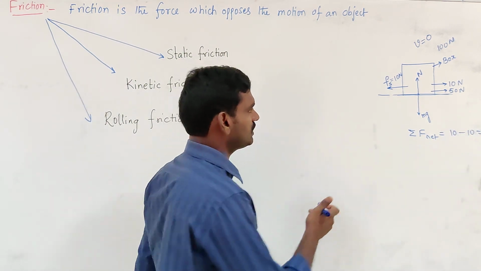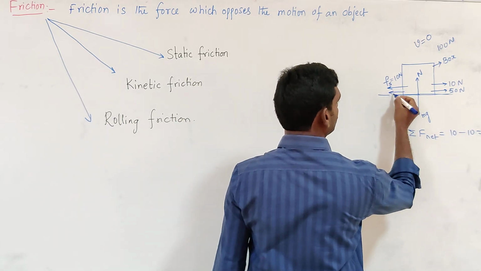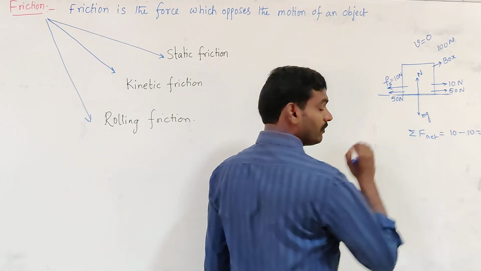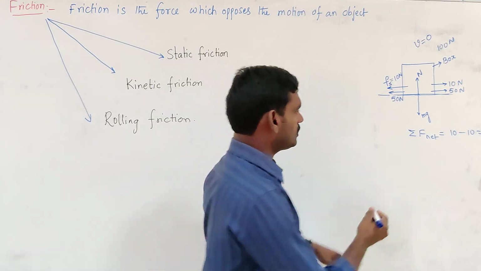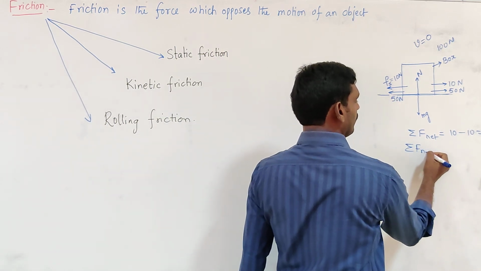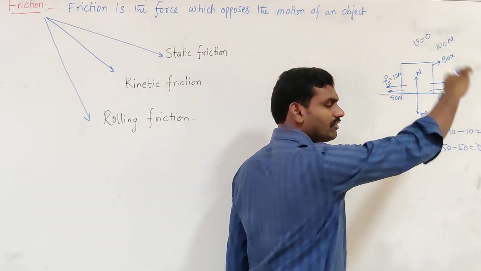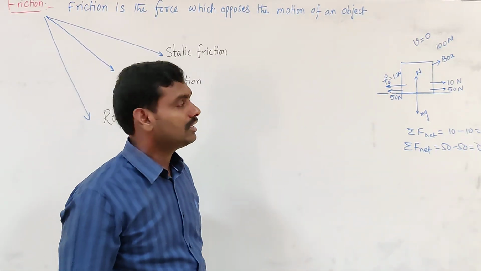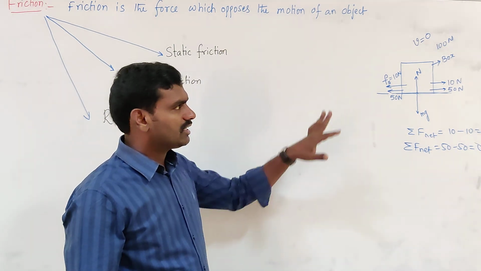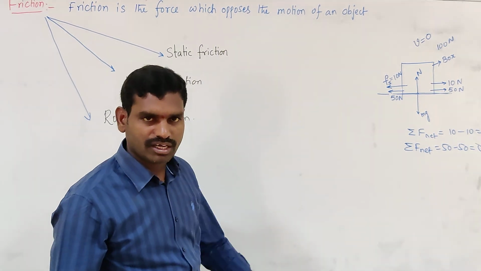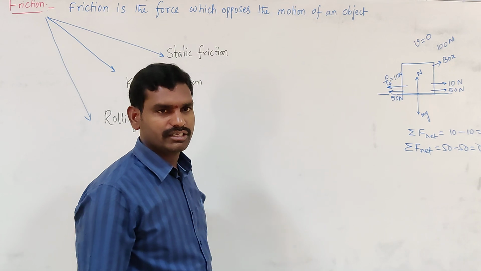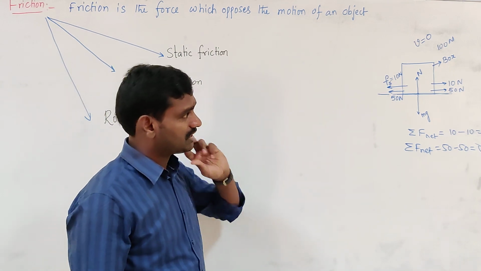That frictional force is equal to 50 newtons. It must be 50 newtons because the net force must be equal to 0 again. If the net force is equal to 0, then the object will be in equilibrium. That means velocity is 0 or velocity is constant. It is a static condition, so velocity is 0 in this case.